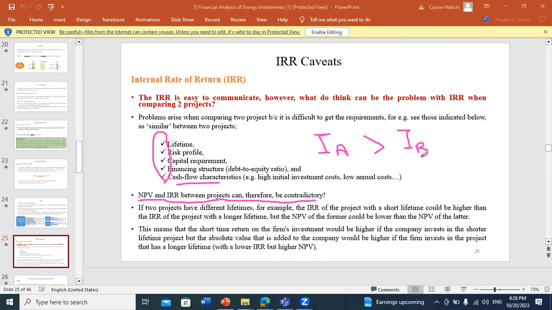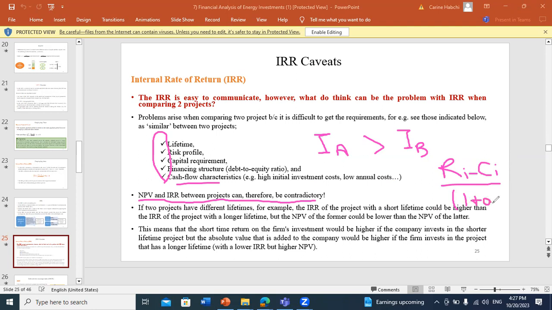But with time, the value of your income will become lower, because for each year you will do income minus cost over 1 plus A. And with years, the advantage of having high income will be reduced because you are dividing by (1 plus A) to the power i.